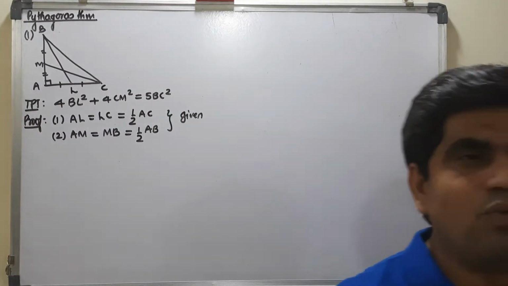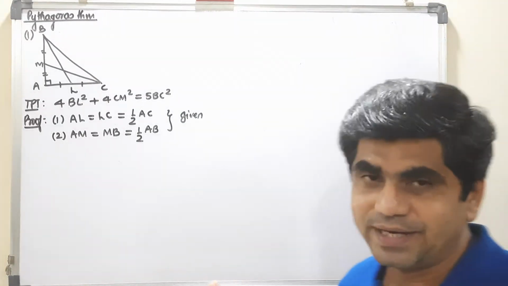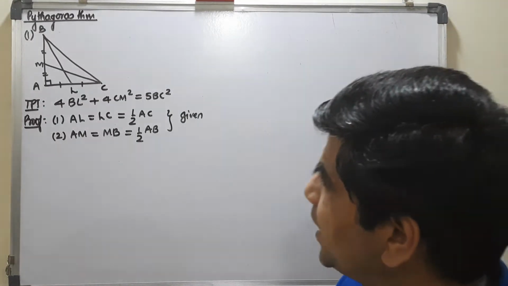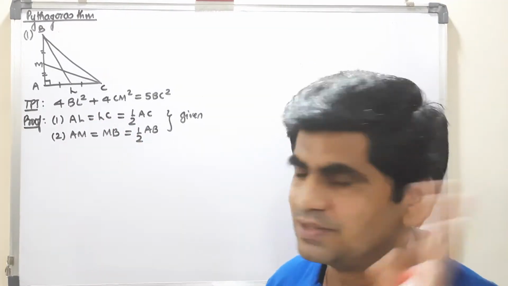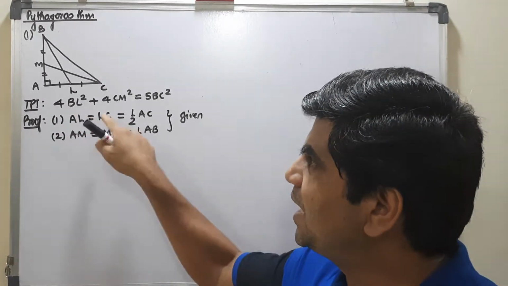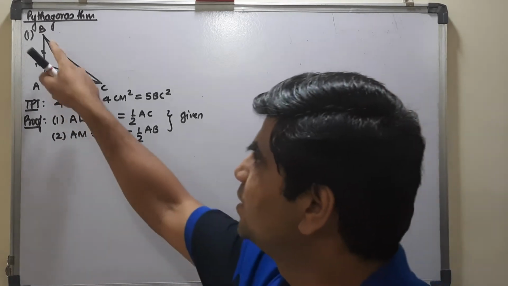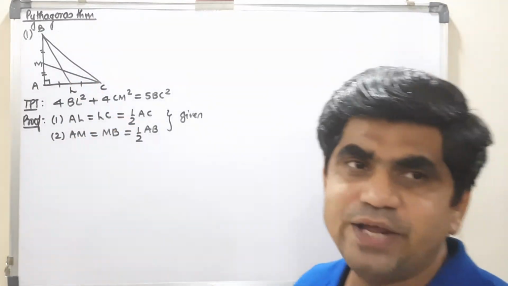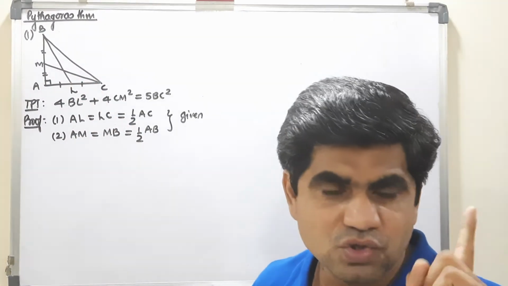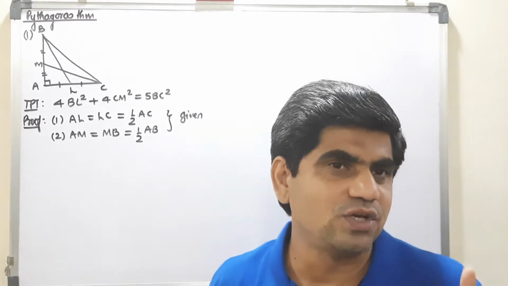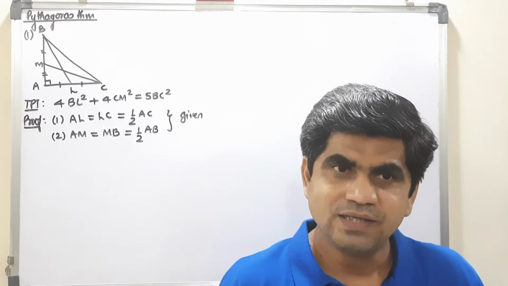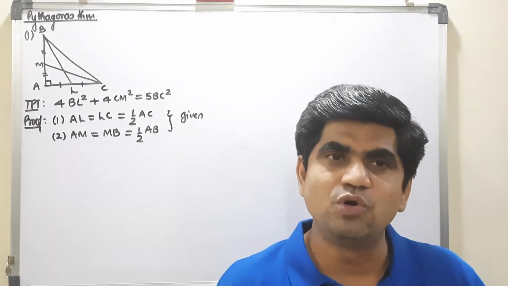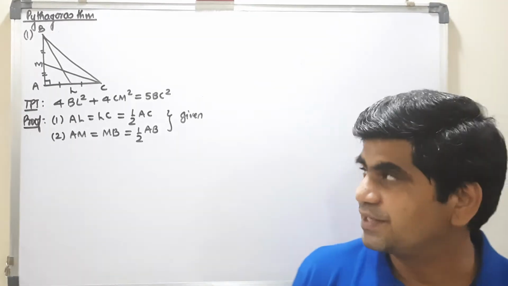Now I will see what I am expected. I am expected 4 times of BL square. Drop the numbers, forget the numbers. BL square. Where is BL? This is BL. And you want square. So square you can get in case of similarity, that is, if the triangles are similar, then ratio of areas is proportional to the squares of its corresponding sides.